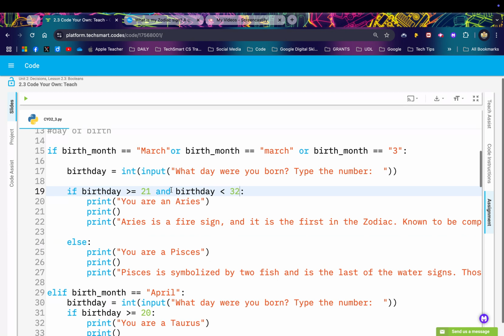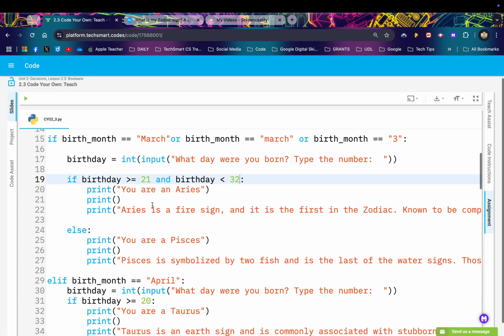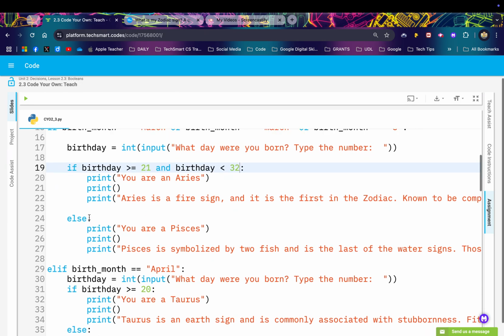I can totally do that as well. But I'm kind of trusting that they know what day they're born and they know that there's no more than 30, 31 days in a month. All right. So I'll leave that there. It should be fine. But that's another opportunity for you to use a logic operator to limit the range in that area.